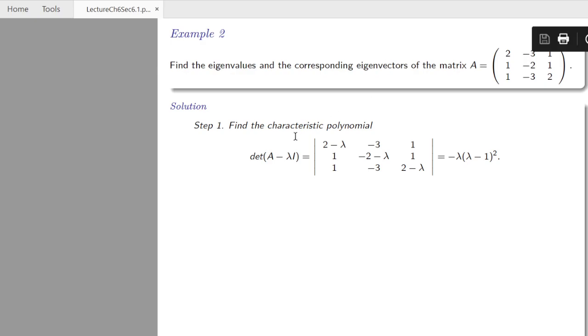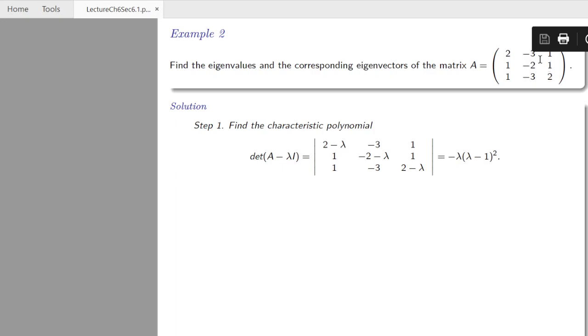First step, we need to find the characteristic polynomial. That means we need to evaluate the determinant of the matrix A minus lambda I. Here, I is a 3 by 3 matrix because A is 3 by 3, so I should have the same size as the matrix A.